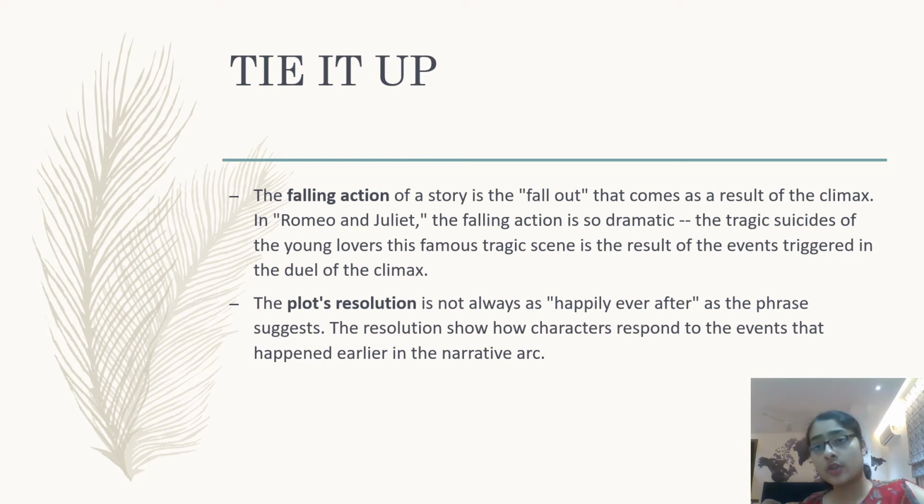So it's up to you if you want a good resolution or if you want the resolution to go in a bad way. For example, you can take Romeo and Juliet. They did not have a happy ending. They both died. So you can also go that way. It's your choice. And this is where our pyramid completes and Freytag's pyramid is complete.